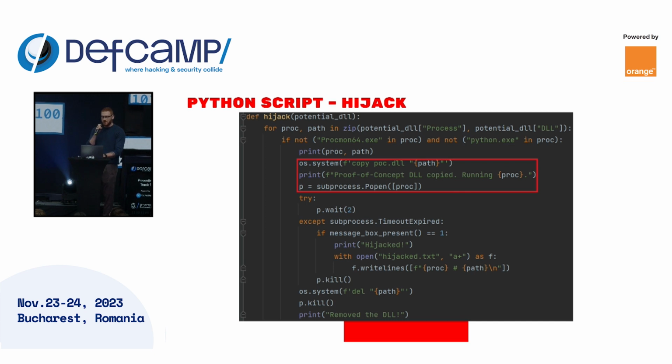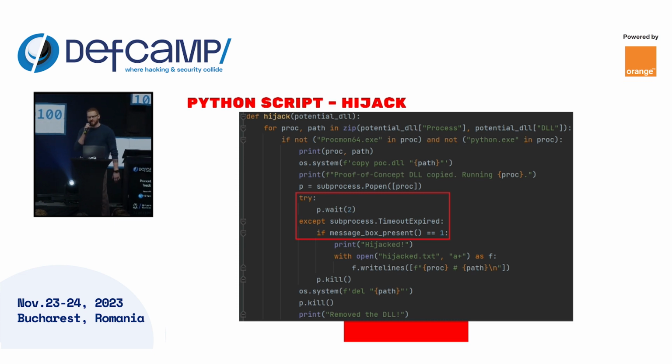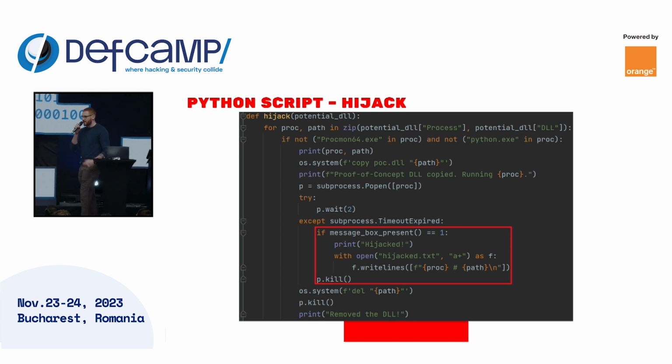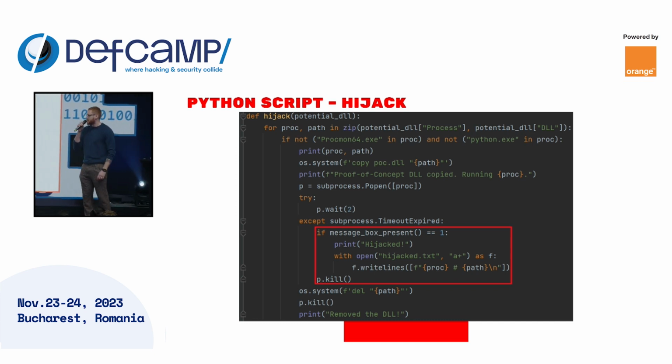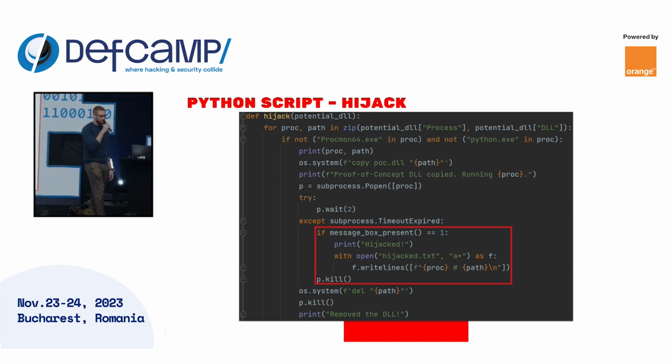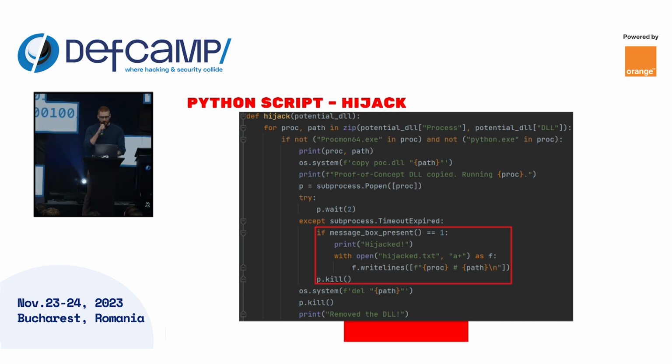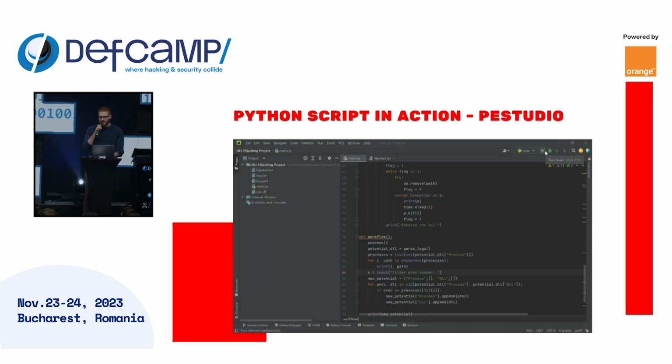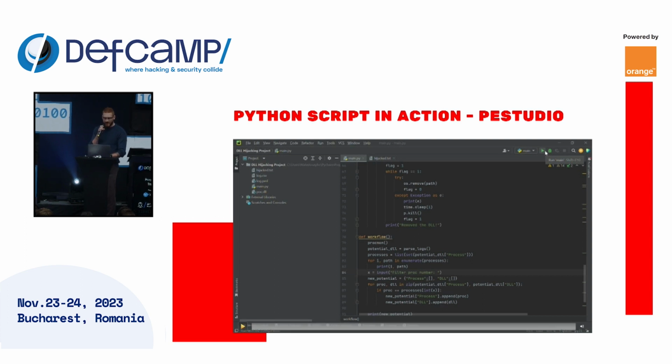We shall then run the application associated with that DLL, wait for 2 seconds, and check whether a message box is present. If a message box is present, great. We were able to achieve a DLL hijack. We're able to hijack that DLL, meaning that we can log that into hijacked.txt before killing the process and removing the DLL. So I'm aware this was pretty quick, so let's see it in action, and I'm sure you'll understand it better now.